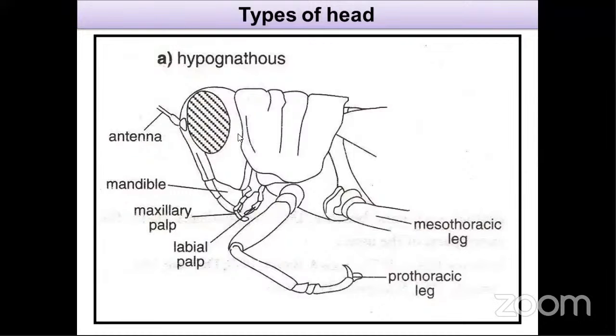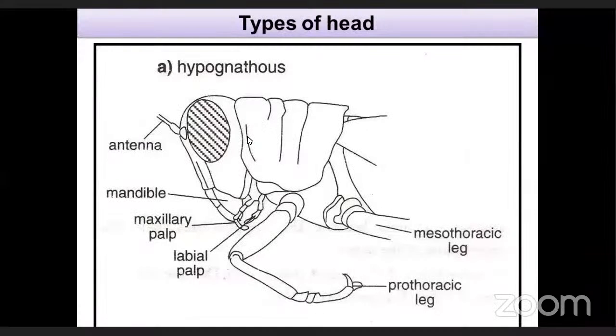And more parts you can see here. Most parts are parallel to the legs, but the head is at right angles to the long axis of the body.